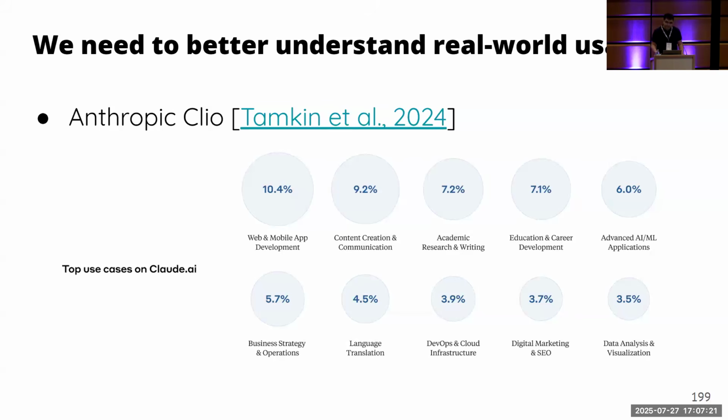They provided an in-depth analysis of the direct traffic on their Claude AI service, which was the first public report on a major AI assistant. But unfortunately, they focused mostly on the top use cases, which people might be very familiar with, not the long tail and novel behaviors of their models.